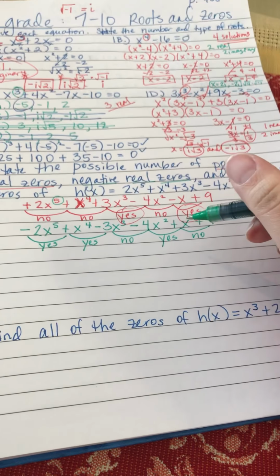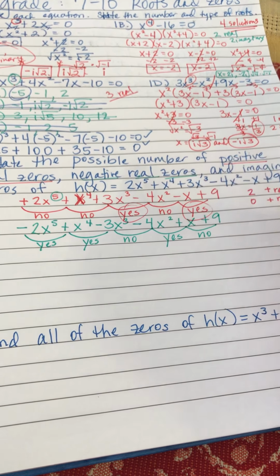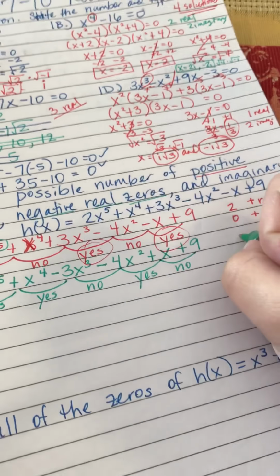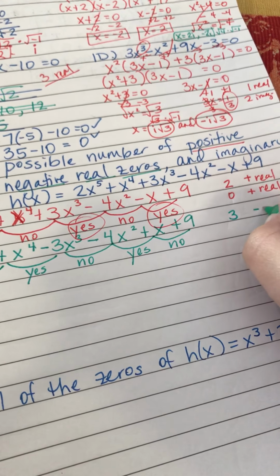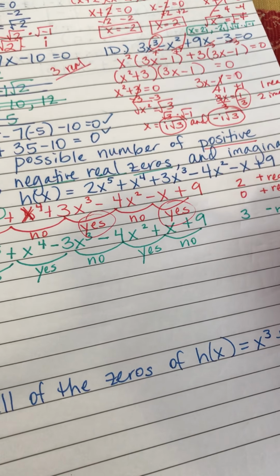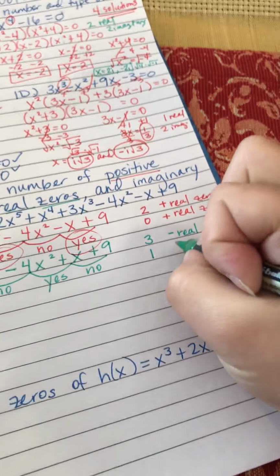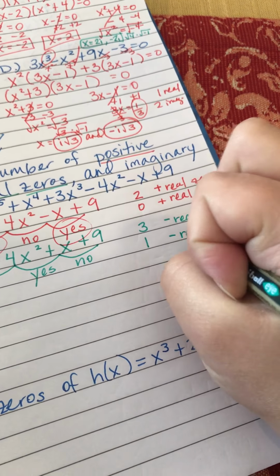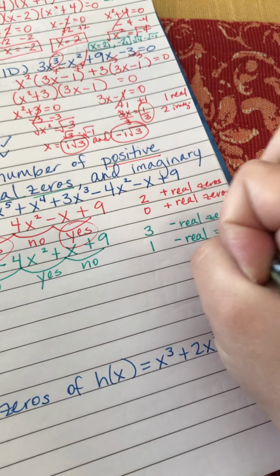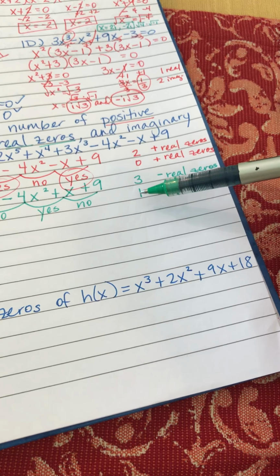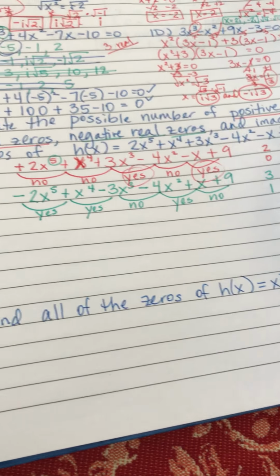So possible number of negative real zeros. There's 1, 2, 3. So you can have 3 negative real zeros or 1, because again, I'm going to subtract 2. So I can have 3 negative real zeros or maybe 1 negative real zero.